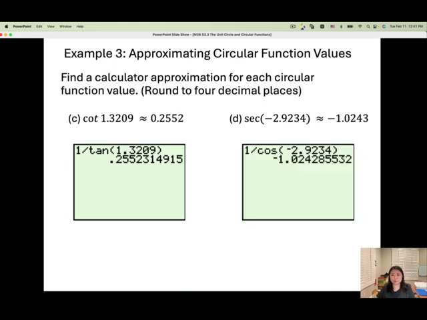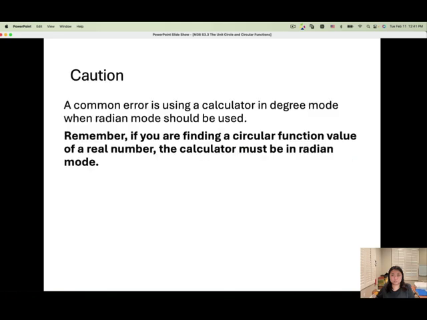So you should get this one. Caution, a common error is using a calculator in degree mode when radian mode should be used. So make sure you know whether you are using degree or radian on your calculator, okay?